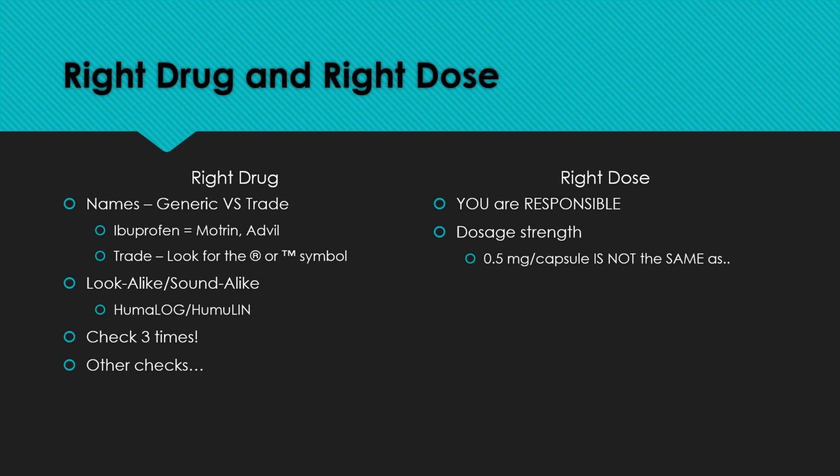So you just want to be mindful of that. As you're moving forward and you're looking at dosage questions or you're in clinic and you're looking at medications, be mindful about the right dosage and its strength.